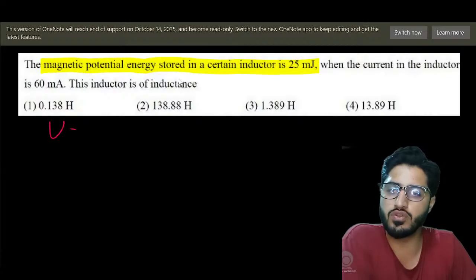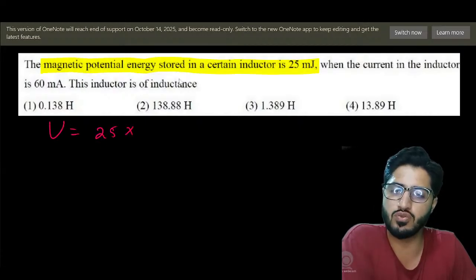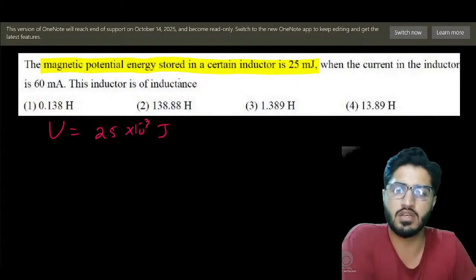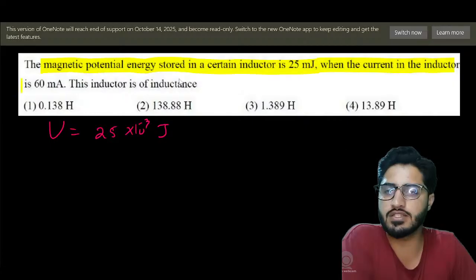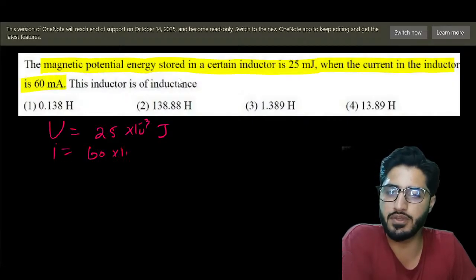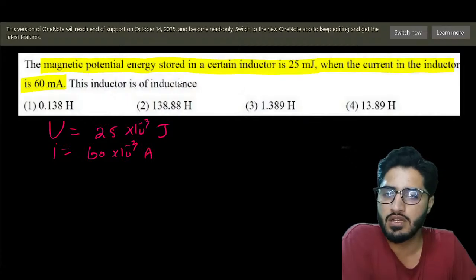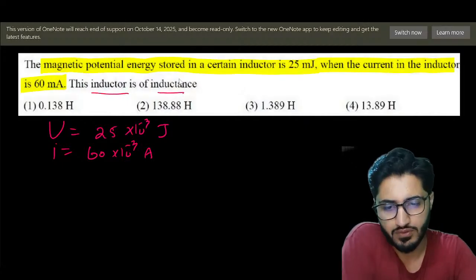That means U is given to us as 25 millijoule. When the current I in the inductor is 60 milliampere, we need to find out the inductance.